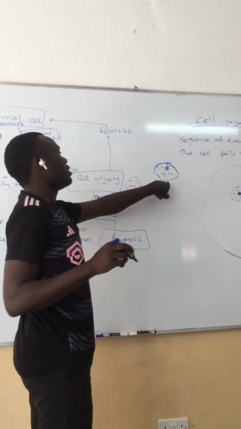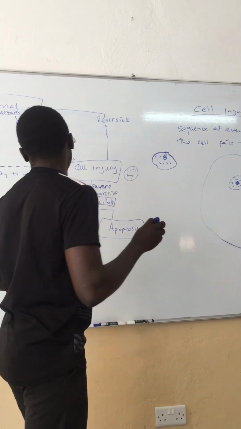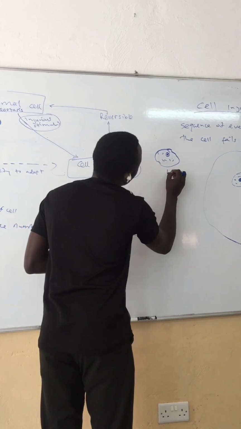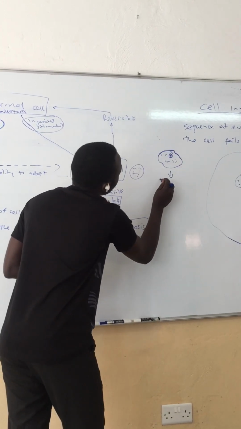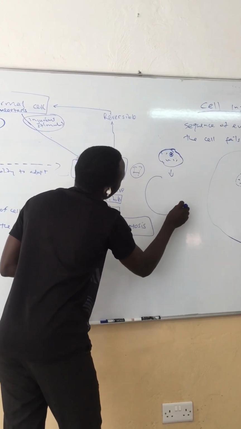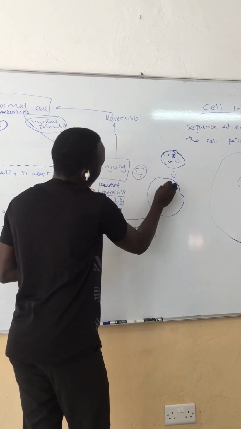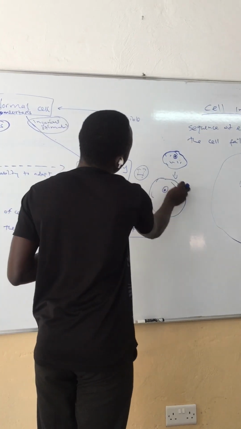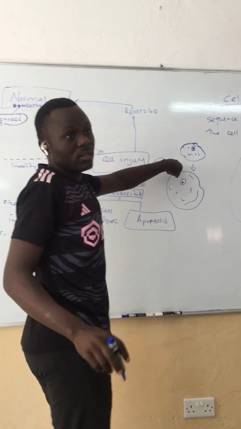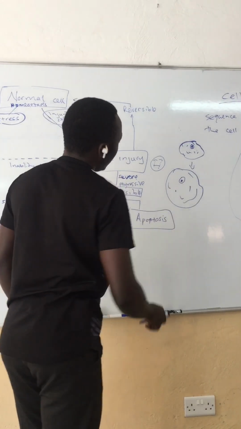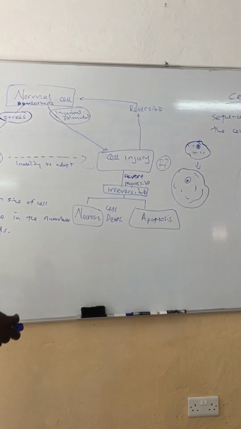So what happens under hypertrophy is that the cell will increase in size and volume. At first it was like this, but it will now change in size to be bigger like this one, for it to overcome a certain stress.